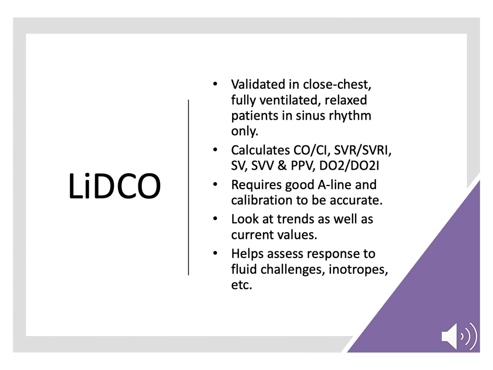If patients are breathing themselves, if they're not ventilated, if they're in any arrhythmia, then the data cannot be said to be accurate. However, it still can be useful because you don't just look at absolutes, you look at trends and how those trends change over time.